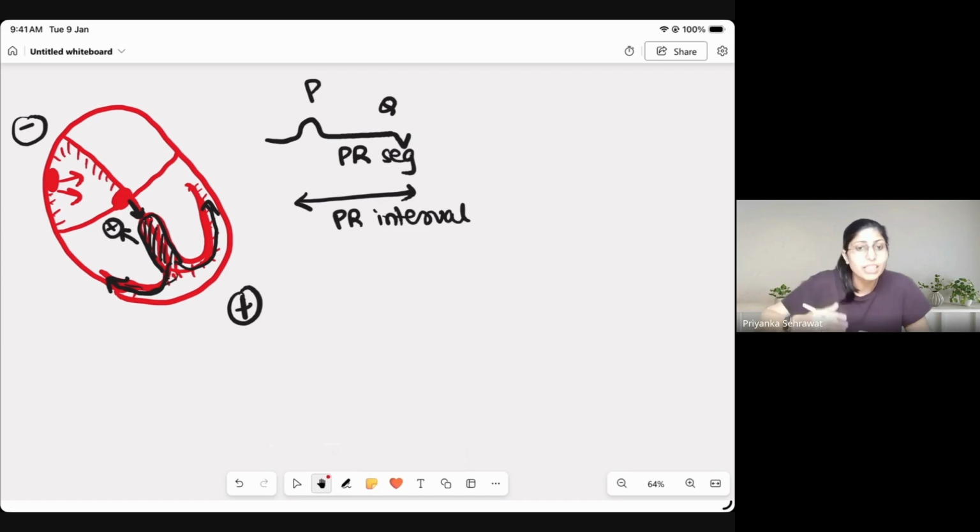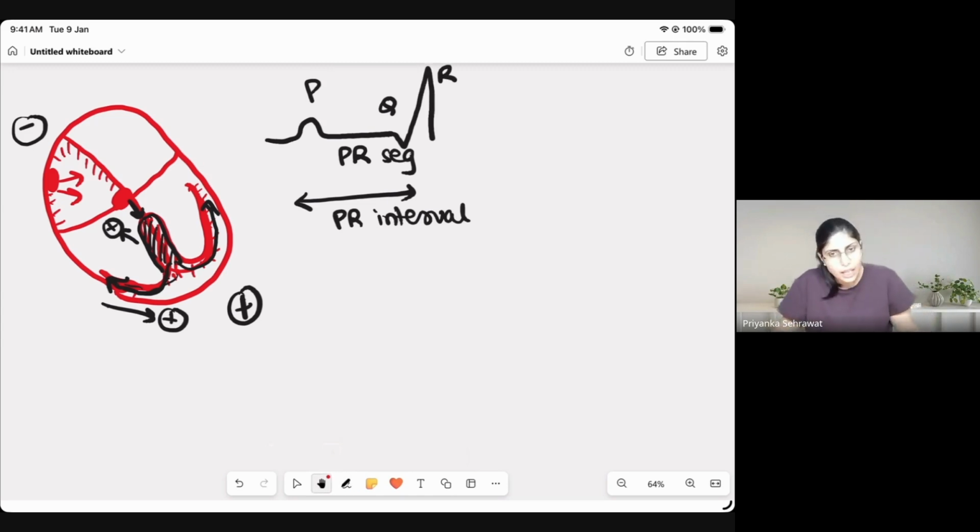And because the net ventricular mass is directed towards the left side, we get a positive charge going towards the positive axis of the heart. We get a strong positive deflection, a large amplitude wave. And what is this wave known as? This is the R wave.